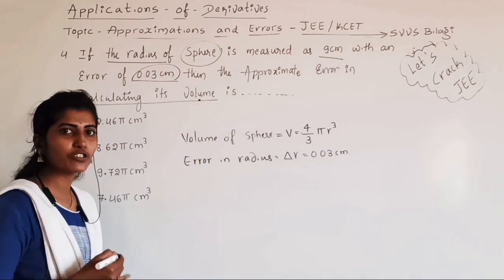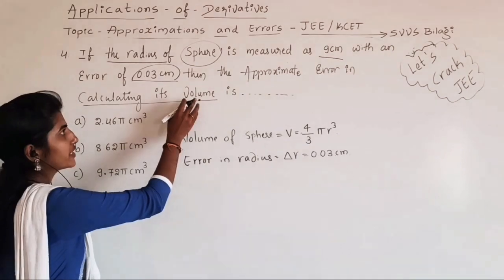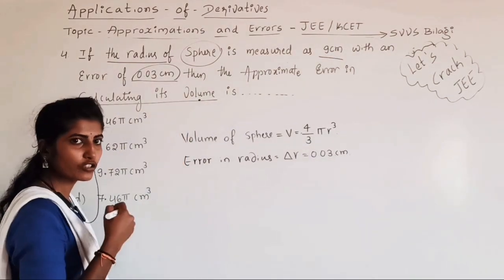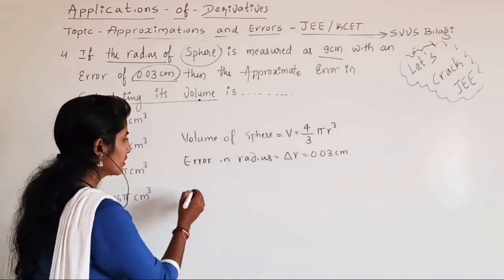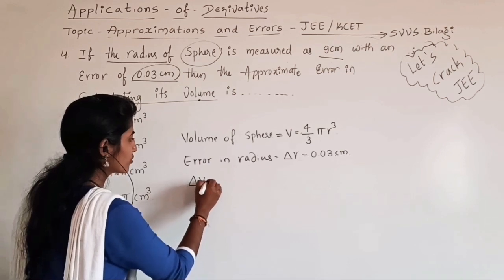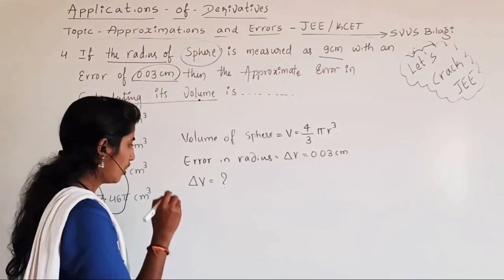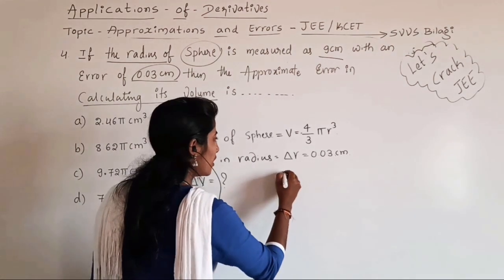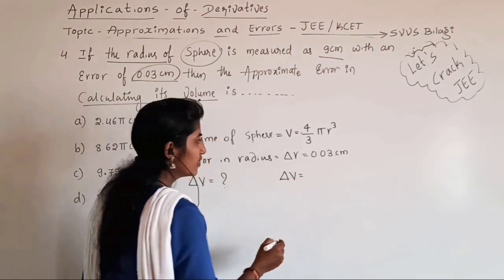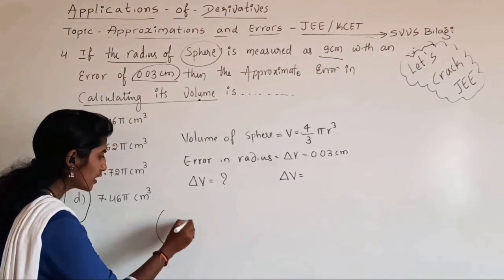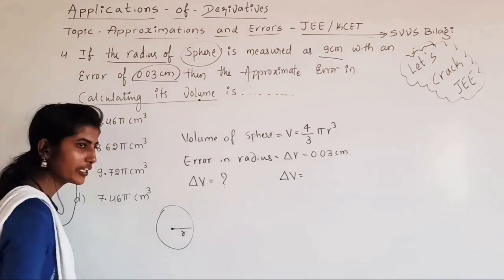What we need to calculate? We need to calculate the error in value, that is the approximate error in its value. That is delta v, how much? That is the question mark here. However, we know that the volume of the sphere depends upon its radius.